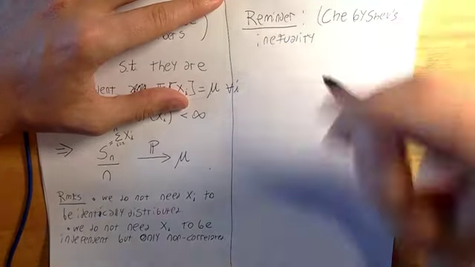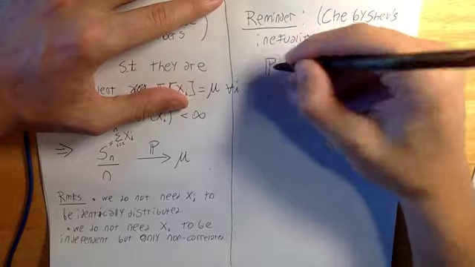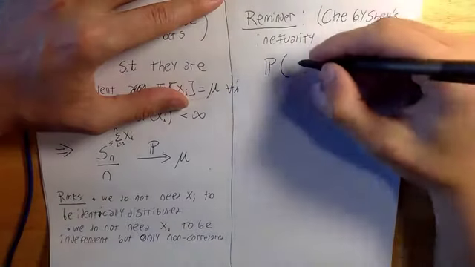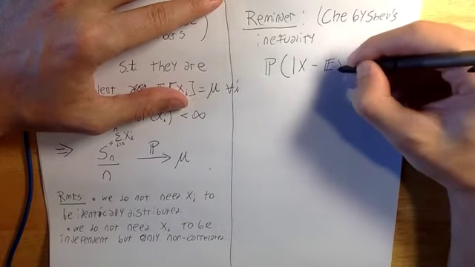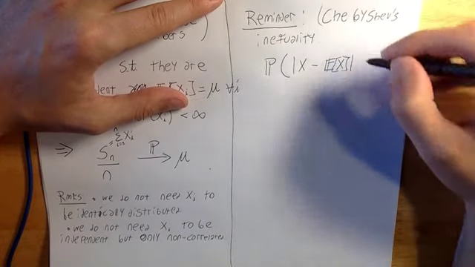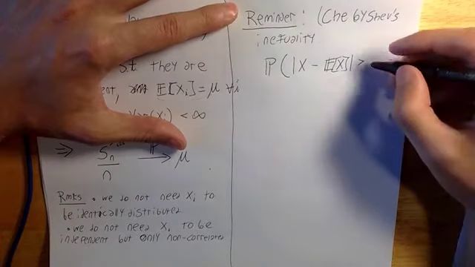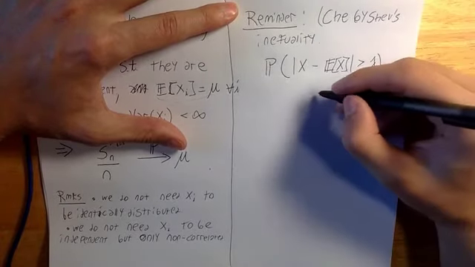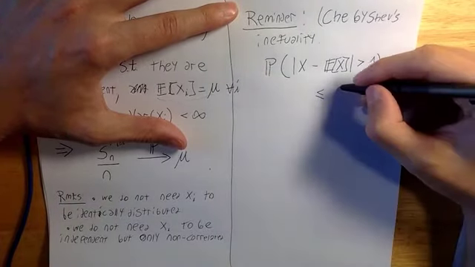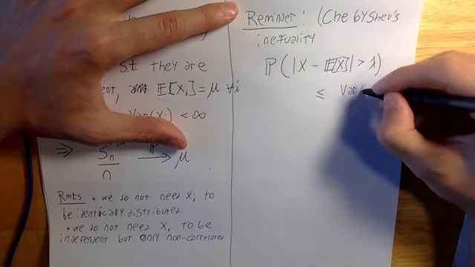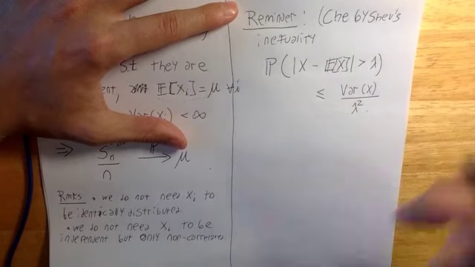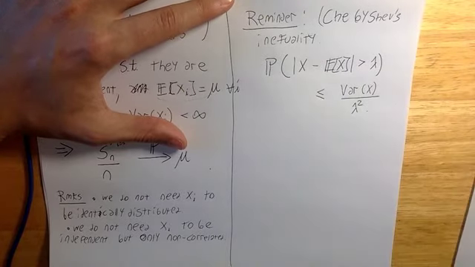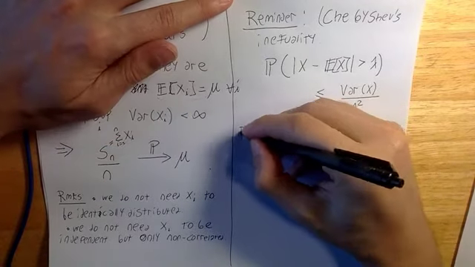Chebyshev's inequality says the following: the probability that |x minus the expected value of x| is bigger than lambda is less than or equal to the variance of x over lambda squared. This is the Chebyshev's inequality which we are about to use. So, proof of the theorem.